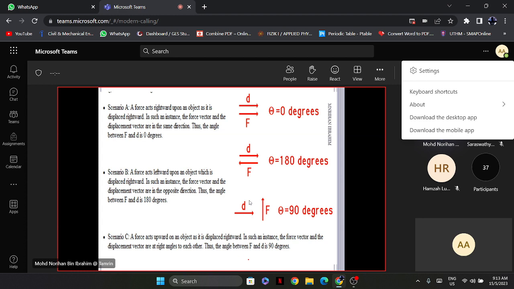So we continue with the introduction of work itself. When we deal with this kind of situation, there are three scenarios which represent the application of work. The first scenario, look at these illustrations: the red arrows represent the force vector and the displacement vector.